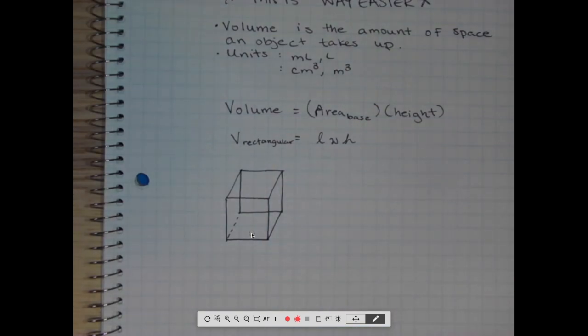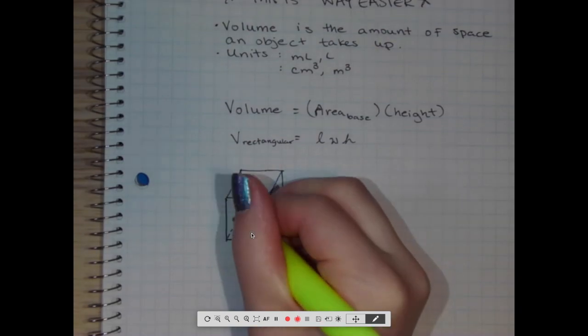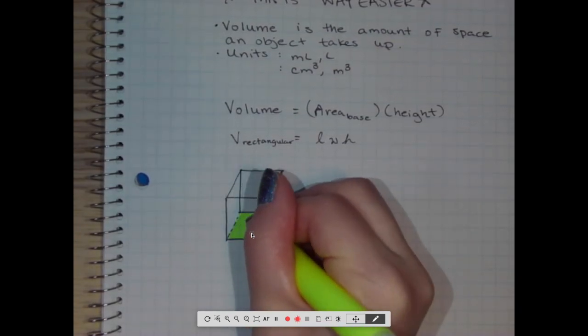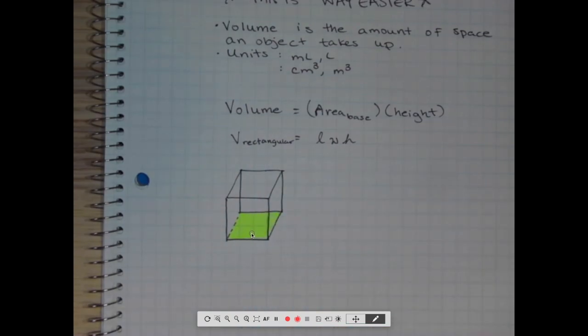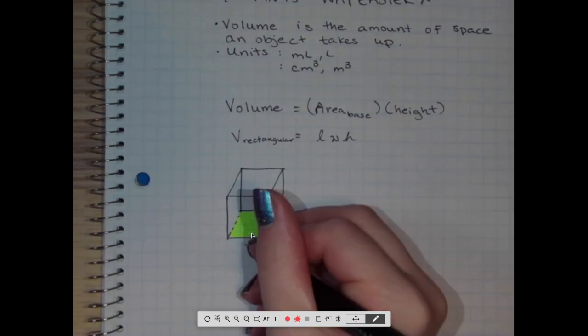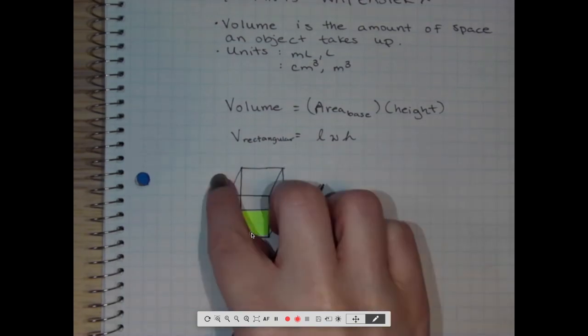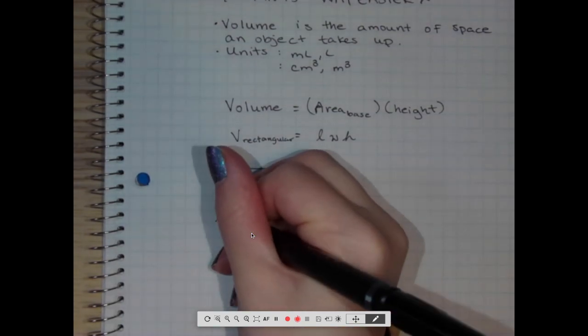So I have on the bottom here, this is going to be my base that I need to find the area of. And its dimensions are length and width. And up here is the height of my prism.